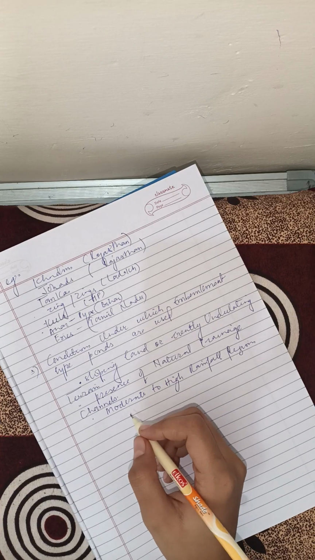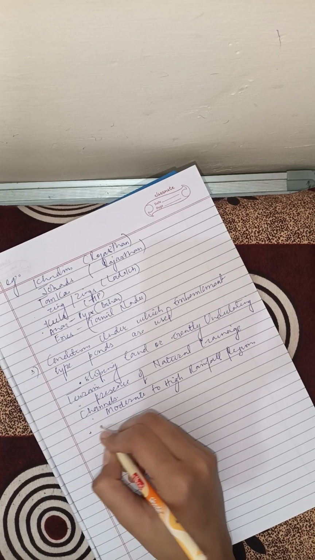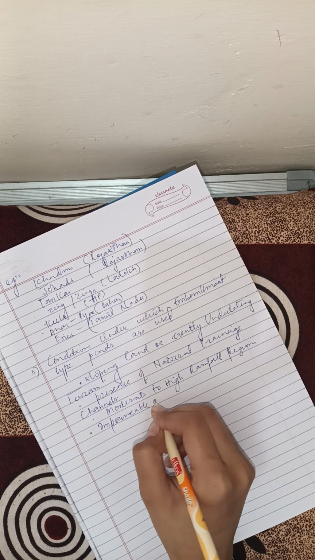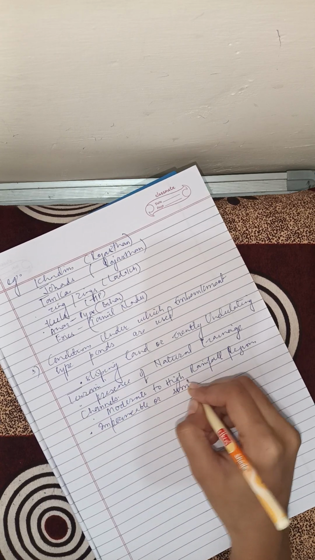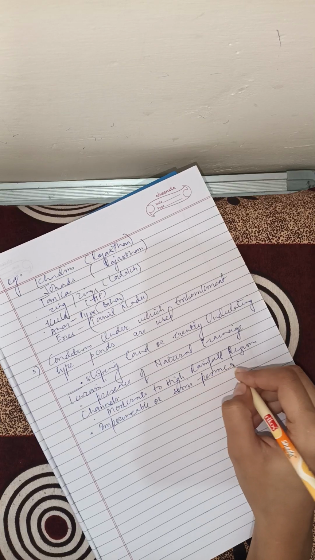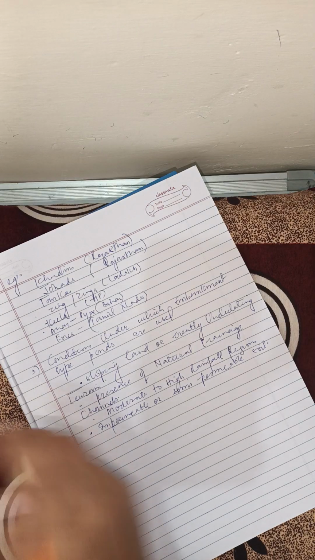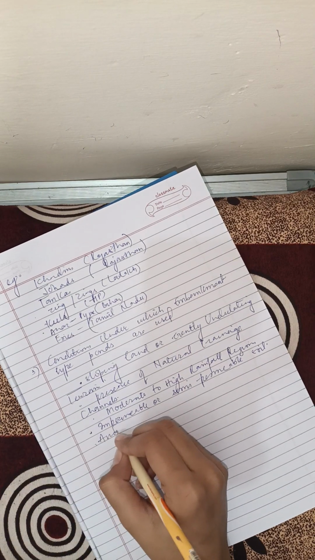Then the impermeable or semi-permeable soil. Then we have the availability of local material.